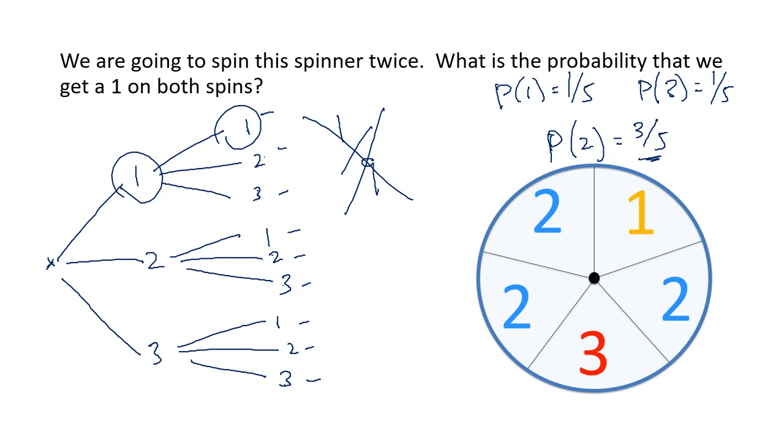If this spinner was broken into 3 sections like this, and they were numbered 1, 2, and 3, then this would absolutely work, because we would have 3 regions, all of the same area, so now we have a uniform probability. But given this spinner right here, that's not going to work.